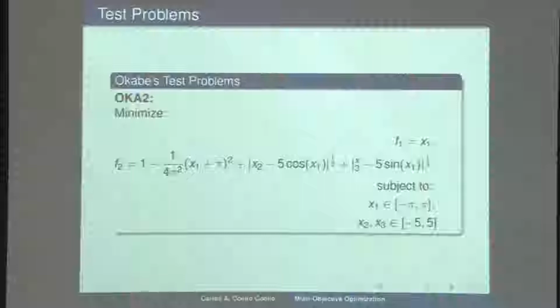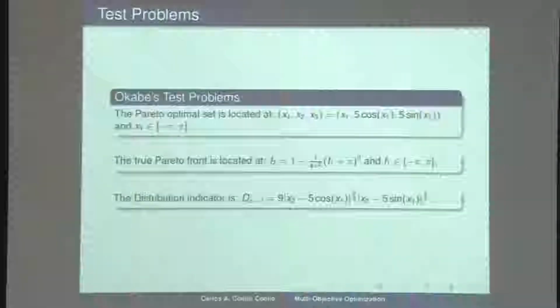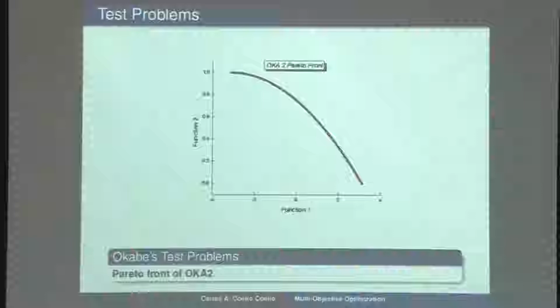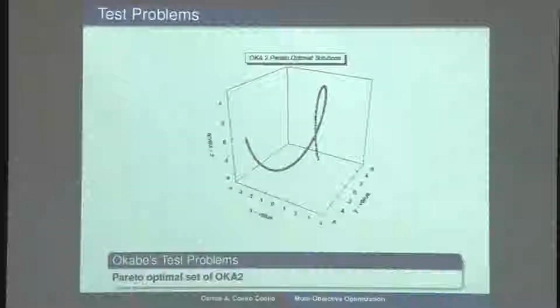This is the second one. Again, only 2 decision variables. This is the Pareto optimal set, the true Pareto front, and the distribution indicator. So you can see again, this is the true Pareto front, and it looks really strange. This is the decision variable space. This is the Pareto set.